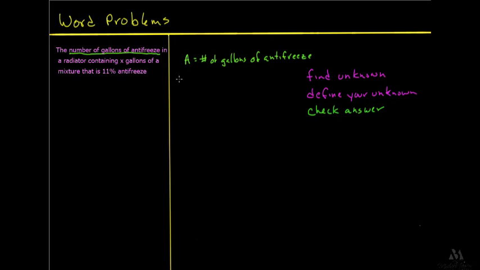Now we've got a radiator that contains X gallons, and we've got a mixture that's 11%. So we have a radiator that has X gallons at 11%. Wherever you can, picture the problem.